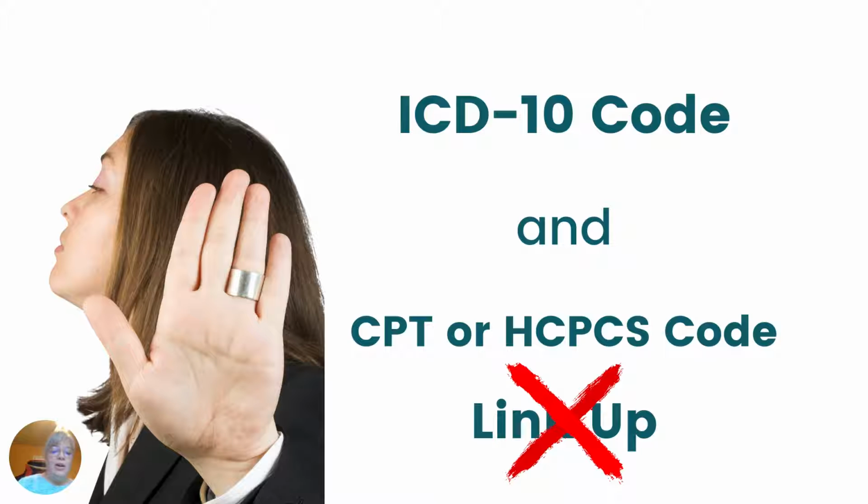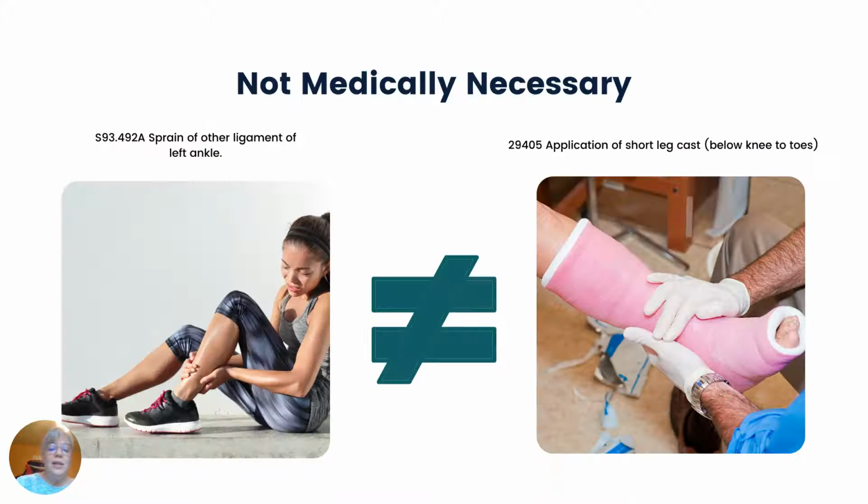But if we submit on our claim ICD-10 codes, a diagnosis code, the why we did something, and a CPT code or a HCPCS code, the what we did, and it doesn't match up or it doesn't link up in the payer system, in this case, it's going to not meet medical necessity and it's going to get denied. So what's an example of this? In this case, we have a patient who has presented with a sprain of the left ankle and we've applied a short leg cast.